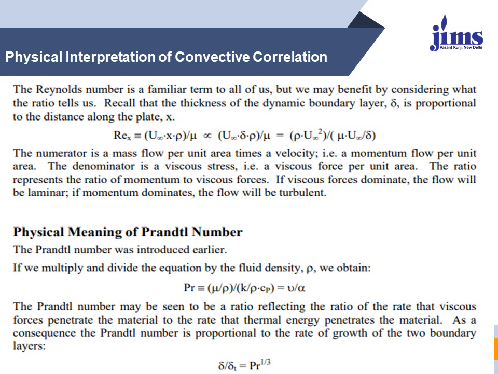The Prandtl number may be seen to be a ratio reflecting the rate at which viscous force penetrates the material to the rate that thermal energy penetrates the material. As a consequence, the Prandtl number is proportional to the rate of growth of the two boundary layers. Mathematically, it can be denoted by delta divided by delta_t, which is equal to Prandtl number power 1 by 3, where delta and delta_t are the thickness of the hydrodynamic boundary layer and the thermal boundary layer.